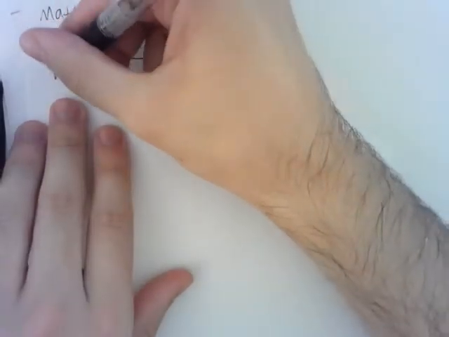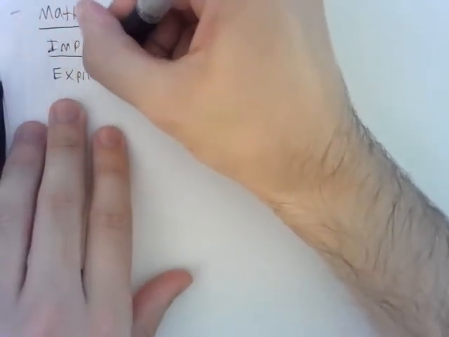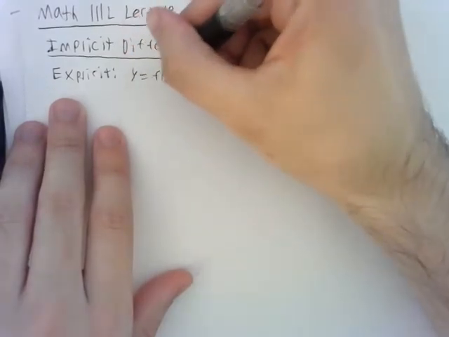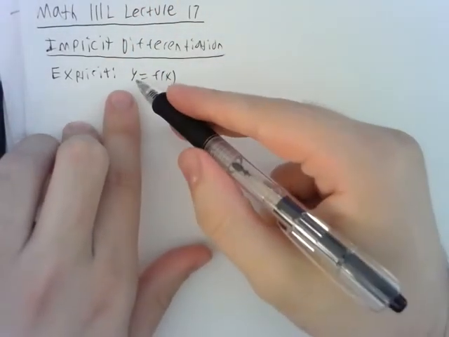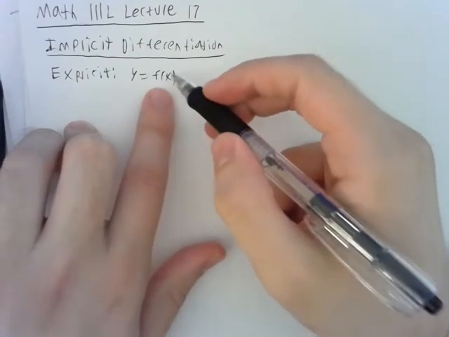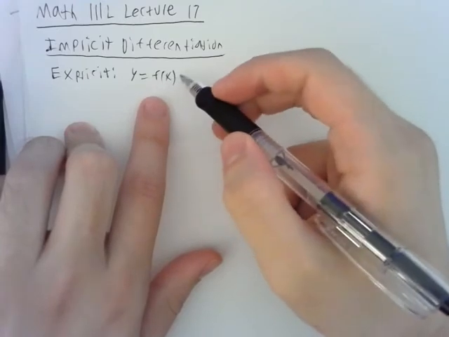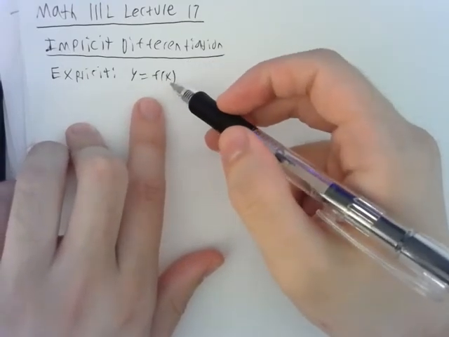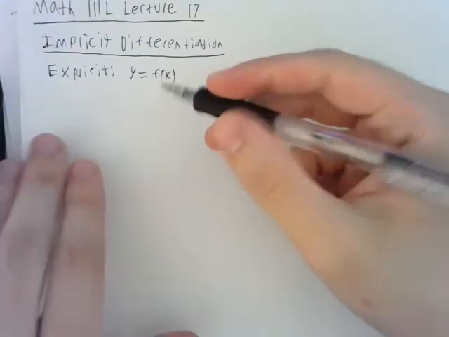A function is explicit if it has the form y equals f of x. In other words, we've isolated the y, have it all by itself, and it just equals some function of x. Basically, just about everything we've seen in the class so far has been an explicit function.